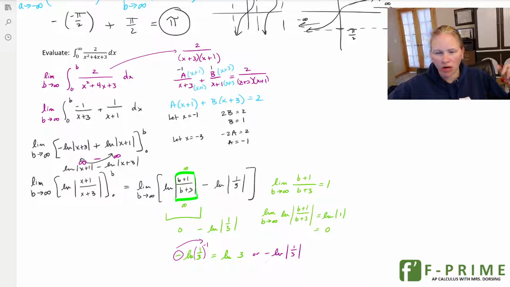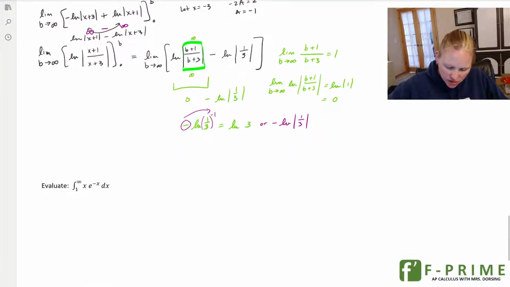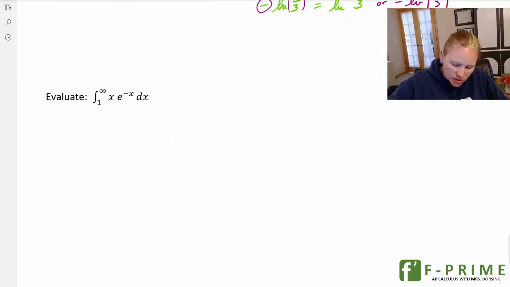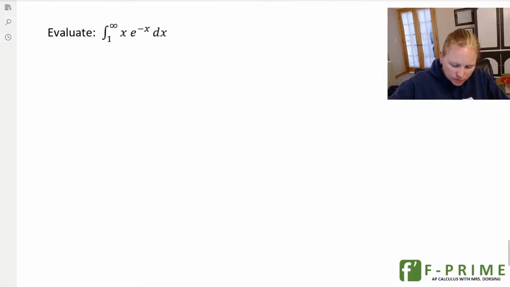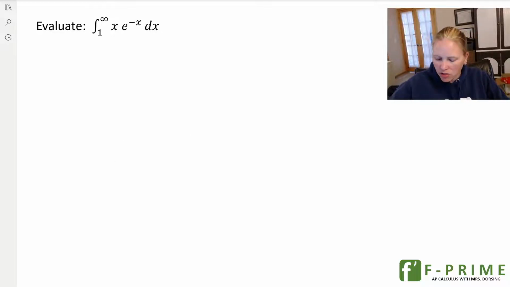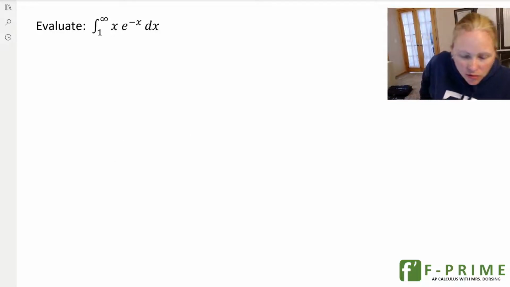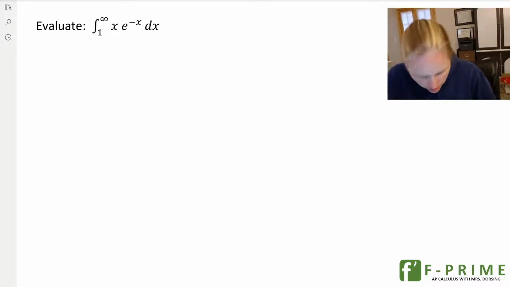So these are big problems. Let's do one more here, just to give us a feel for how it goes. Here we go. This is a good review of integration by parts, or tabular integration.